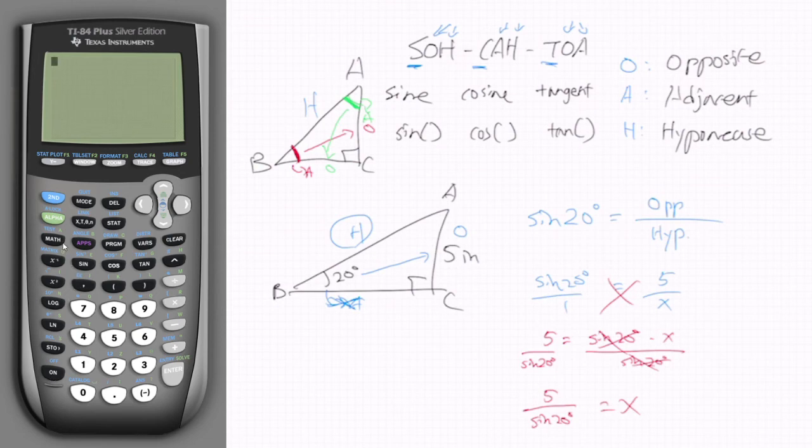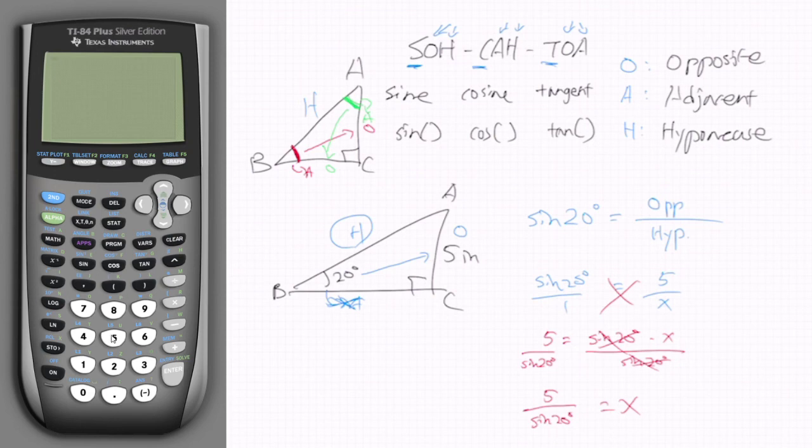Anyway, before we use sine, cosine, or tangent of anything, because we're using 20 degrees, we have to make sure our trig function is in degree or radian mode. We're not talking about radians yet, so make sure your calculator is highlighting degree and change the setting there. Once we have it on degree, we are ready to punch in.